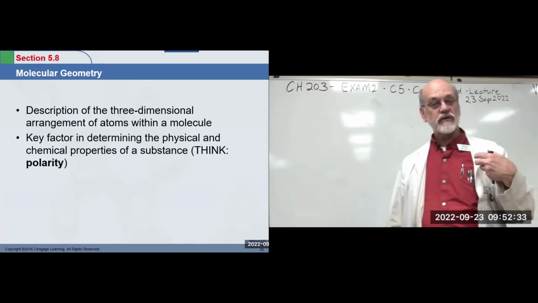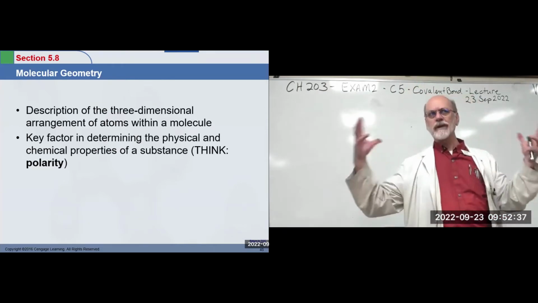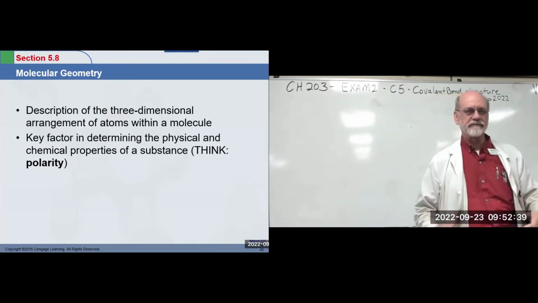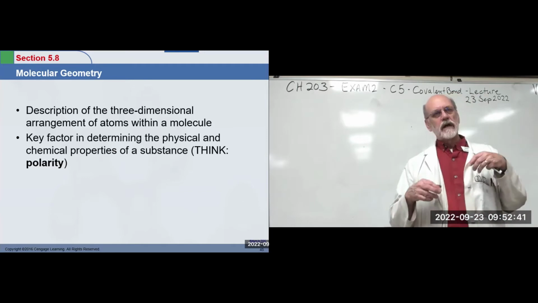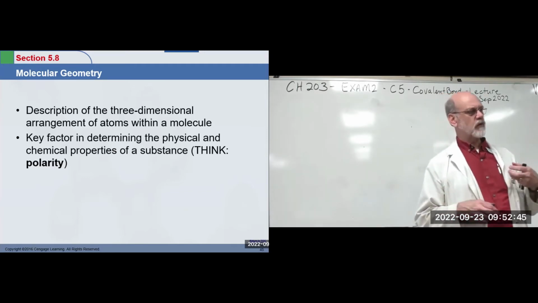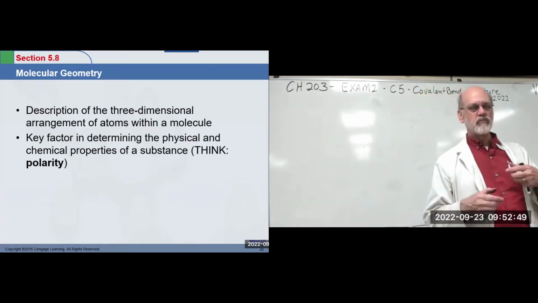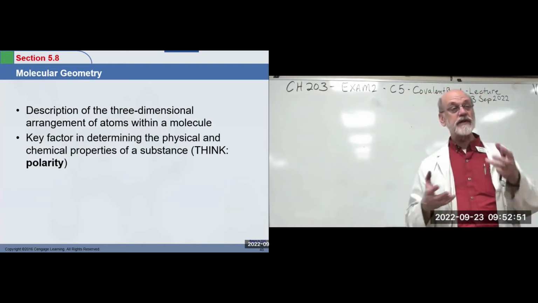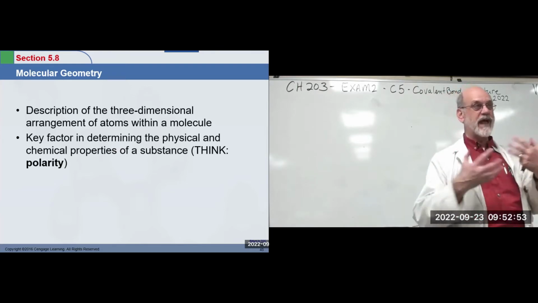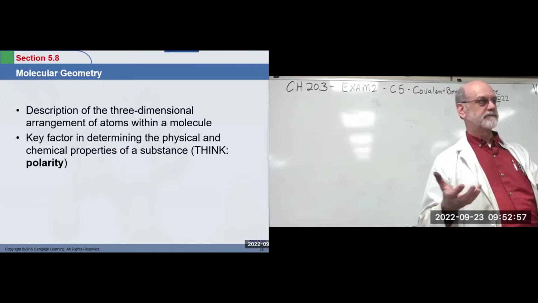Knowing the 3-dimensional arrangement of atoms in a molecule, especially when they get really big, but we're not going to go there, you can say something about their reactivity, especially for biochemicals. When you know the shape of the molecule, you can say something about how it reacts with, say it's an enzyme.